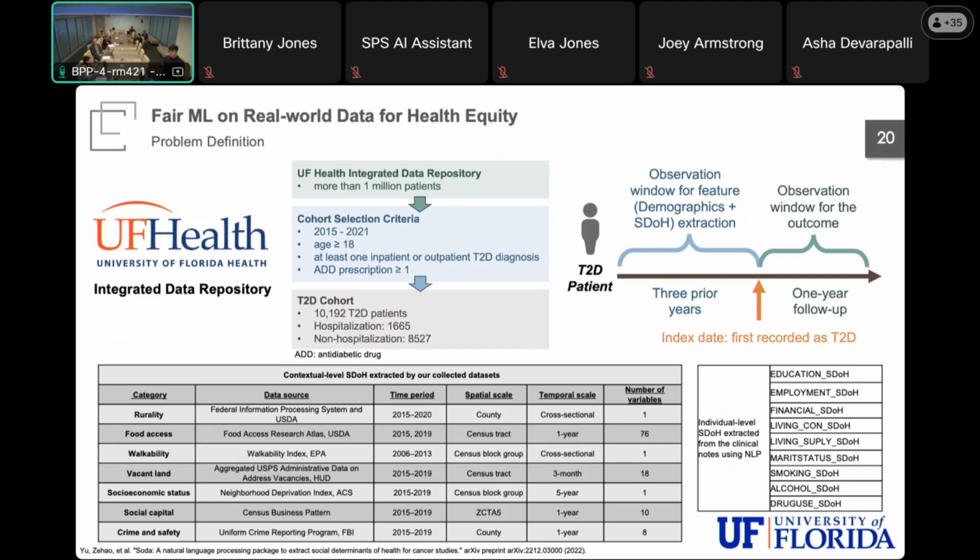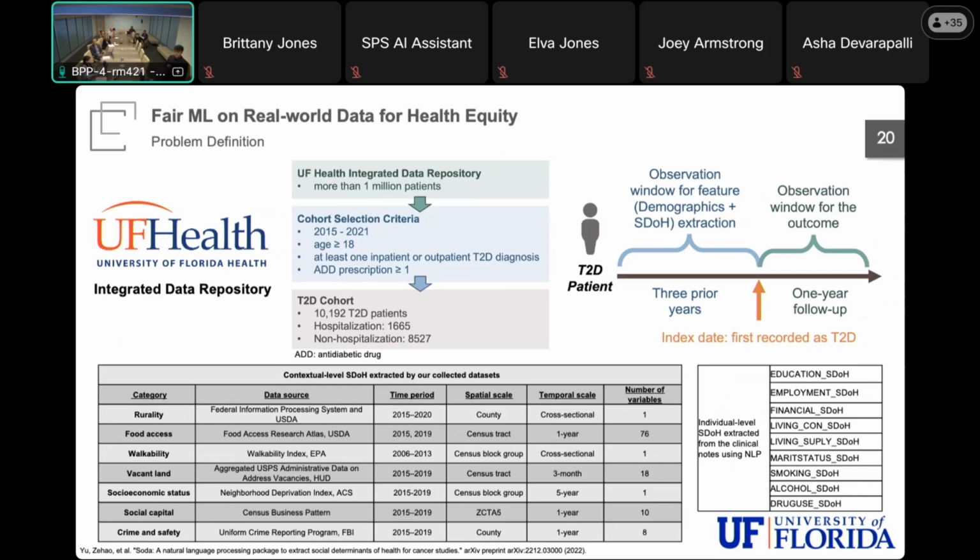The index date of this cohort is set as the day of the patient's first record of type 2 diabetes, and we use the 3 prior years to the index date as the observation window for feature extraction. We finally got 1,600 patients that have 1 year follow-up hospitalization records.